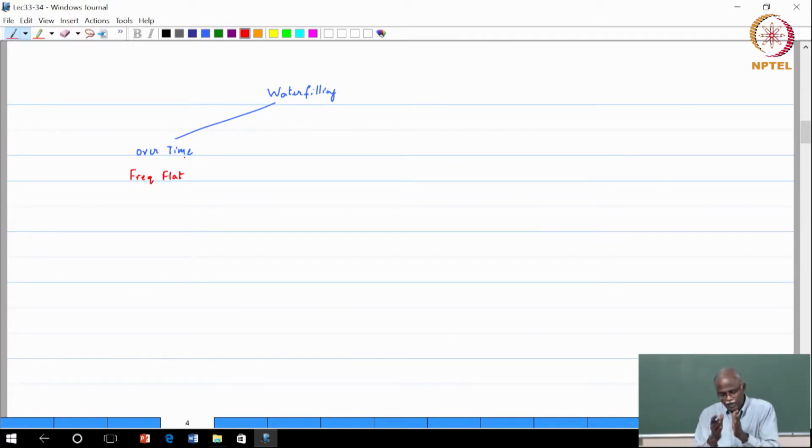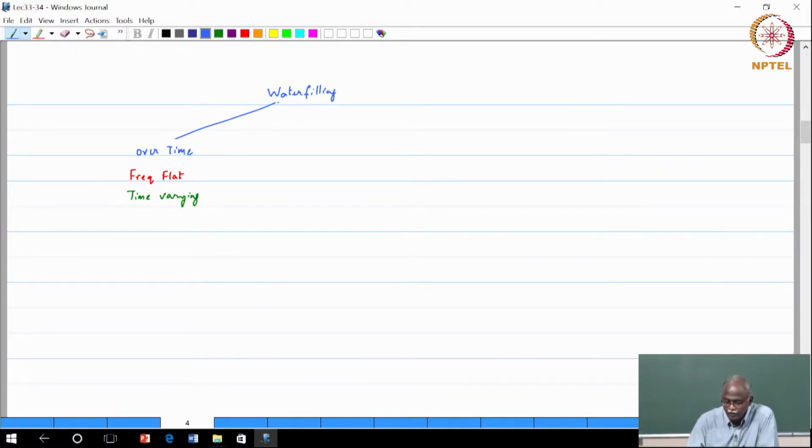That invariably means that you are working with a narrow band signal, or something that is not very wide band. And the reason you are doing water filling over time is because it is time varying. So, that is the notion of water filling over time.